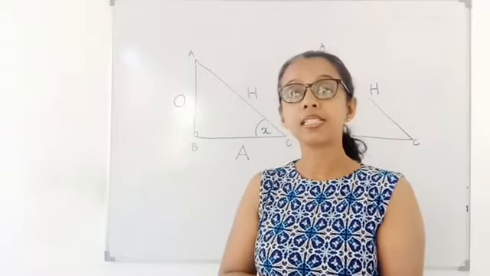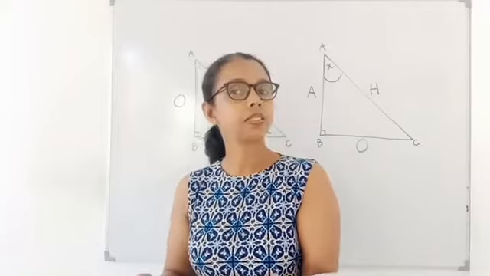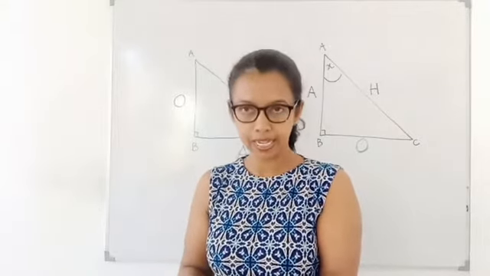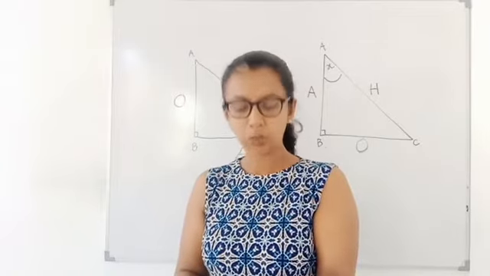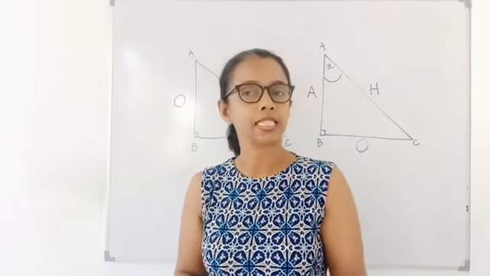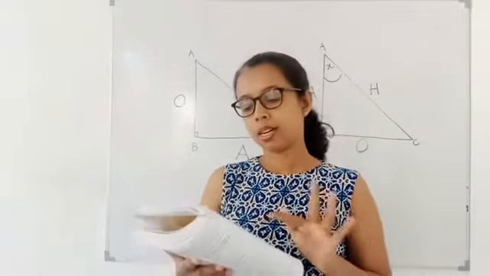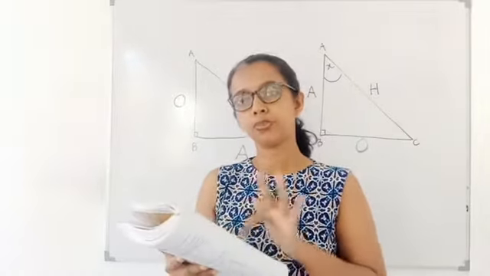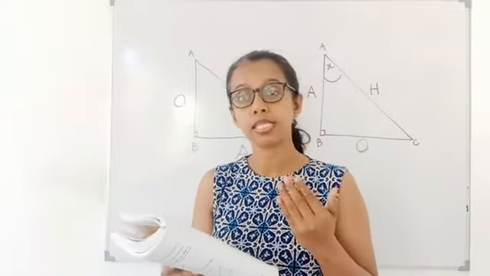Now in exercise 18A, you have 6 different right angle triangles: ABC, PQR, XYZ. What you want to do, children, is refer to these 6 right angle triangles and understand them.